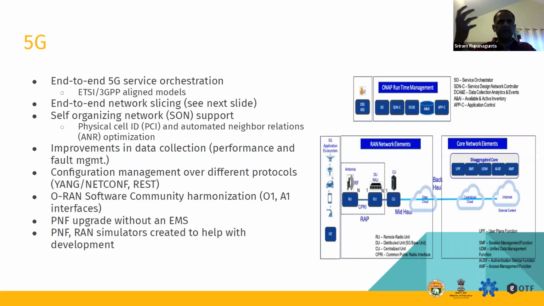AMF, SMF, PCF, and you can orchestrate them on either one or multiple clouds. You can create networks between them. You can do all of the lifecycle management. You can upgrade them. So starting from orchestrating them to managing them to deleting them, you can do the entire lifecycle management with ONAP.